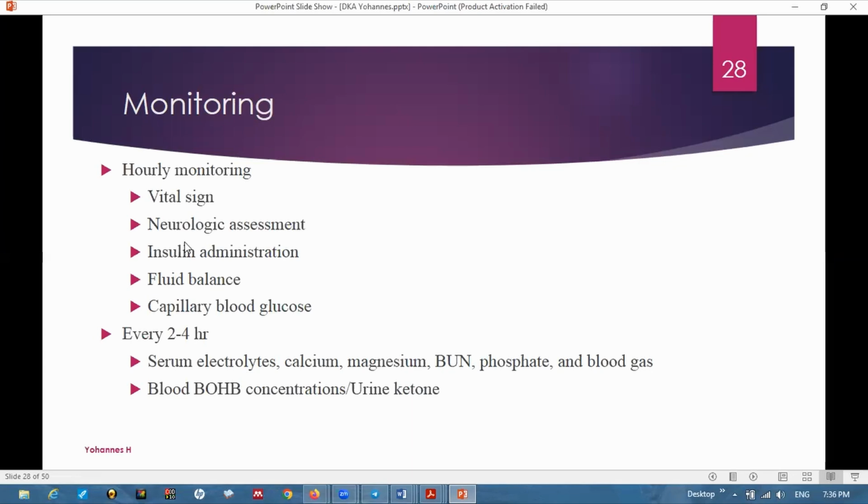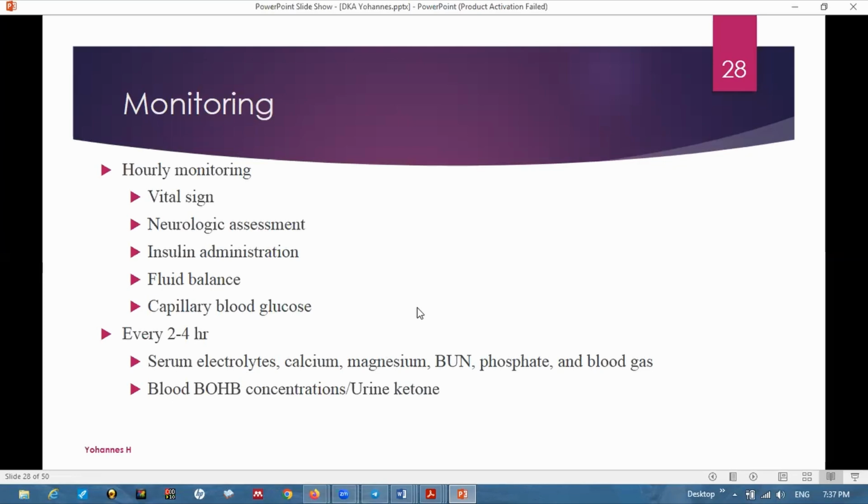We should also record the amount of insulin administered and fluid balance. Capillary blood glucose should be checked every 1 hour. Every 2 to 4 hours, you should check serum electrolytes, calcium, magnesium, BUN, phosphate, and blood gas. If available, it's better to use beta-hydroxybutyrate rather than urine ketone. In our setup, we don't have beta-hydroxybutyrate, so we are using urine ketone.